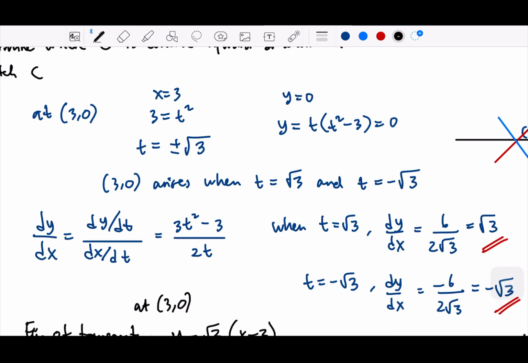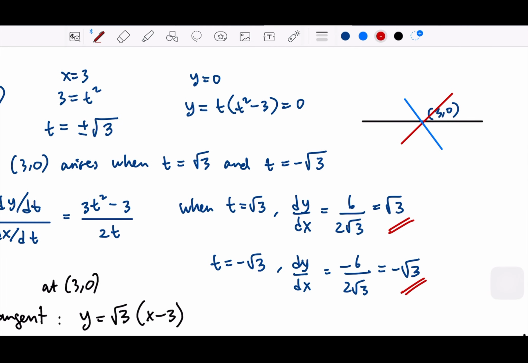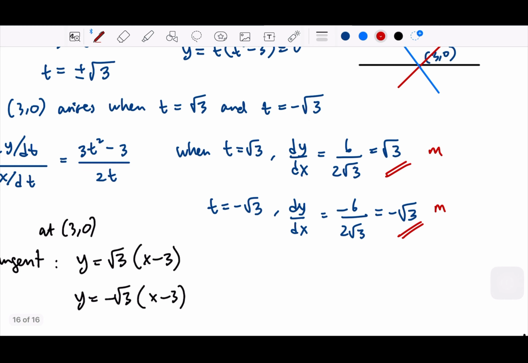Let me write here to make sure we are on the same page. This is the gradient. This is basically just taking the line equation, and the point is at (3, 0), so y is 0. So y minus 0 is just y, and then m depends on which one.